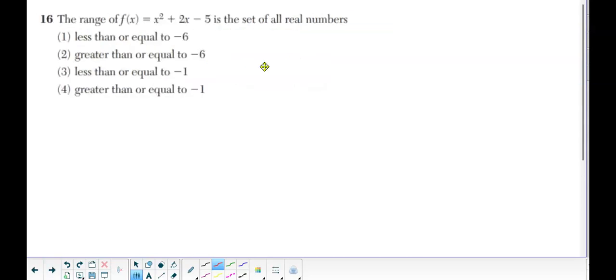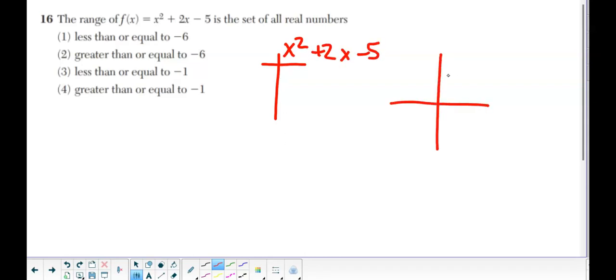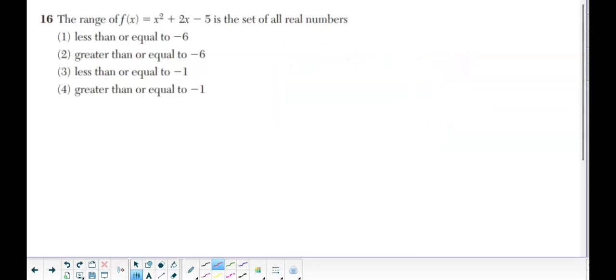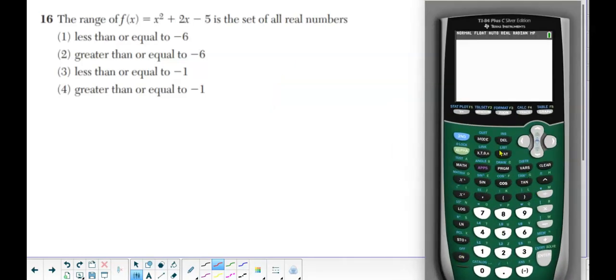For this one here, the range would be something I could find in a table, right, for this function x squared plus 2x minus 5, or I can find it in a graph once I graph this quadratic. So that's what I'm going to do first. I'm going to take a look at what that graph would look like by turning my calculator on and using the y equals button here. I'm going to type in x squared plus 2x minus 5.